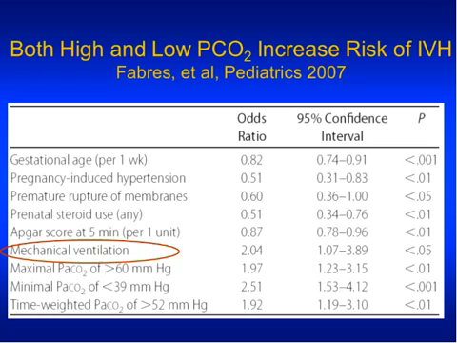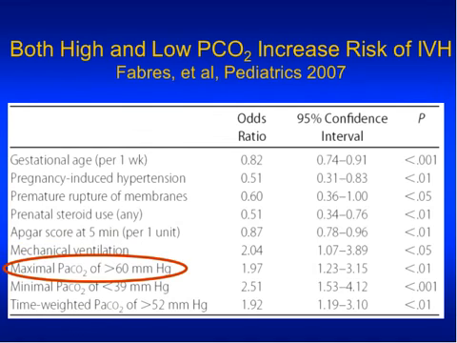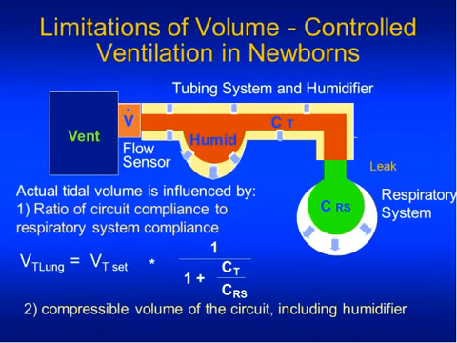Having a very high CO2 in the first few days of life was not good, doubled the risk. Having a low CO2, and it didn't have to be very low. We all knew that even a moderately low CO2 can be dangerous, but even in this case, it seemed that even modest lowering of the CO2 resulted in a significant increase in the risk. So these are all good arguments for trying to get a grip on delivered tidal volume.